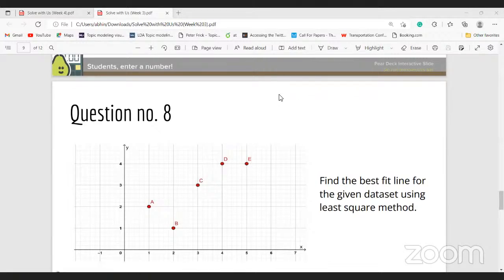Then using the approach AX is equal to Y, we'll assume the coefficients are theta naught and theta 1. What is A? A is a 5x2 matrix where the first column is 1, 2, 3, 4, 5, and the second column is all 1s. If I take the first column as 1, 1, 1, 1, 1, then we will interchange the thetas.